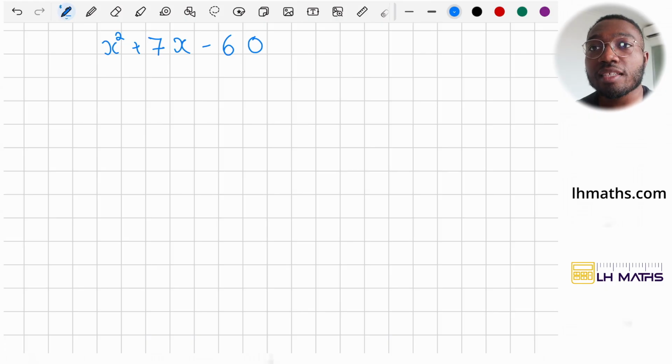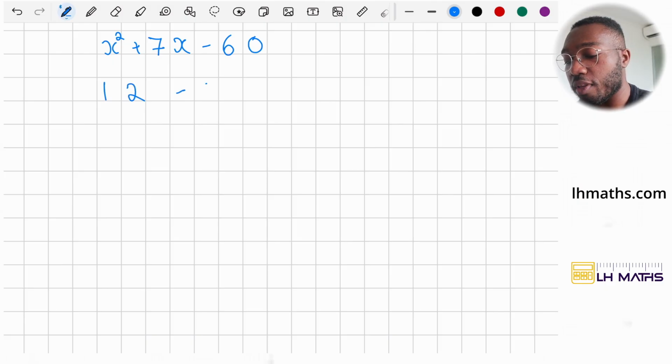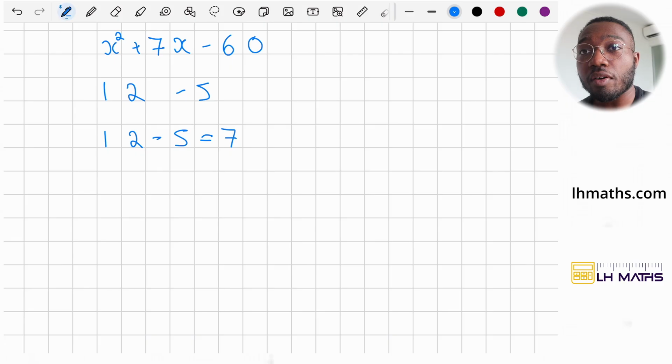So in this case, it would be 12 and 5, but it wouldn't just be 12 and 5. No, it would be 12 and minus 5. Now, remember that it's minus 5, okay? The reason for that is because 12 minus 5 will give us a 7.